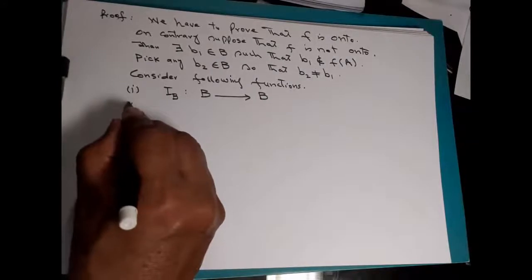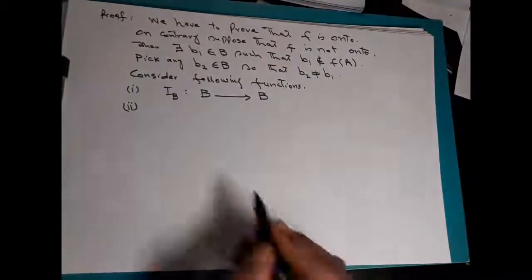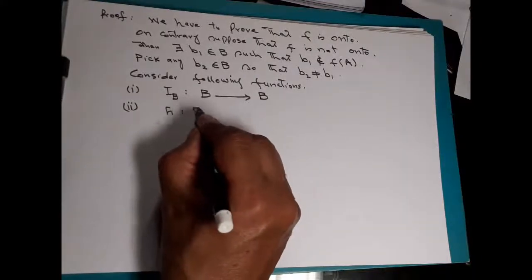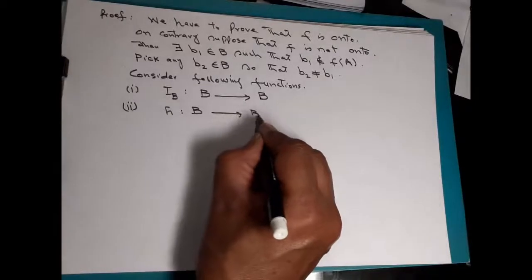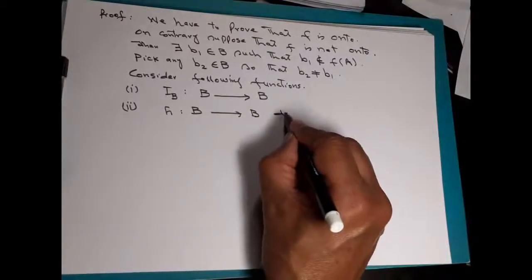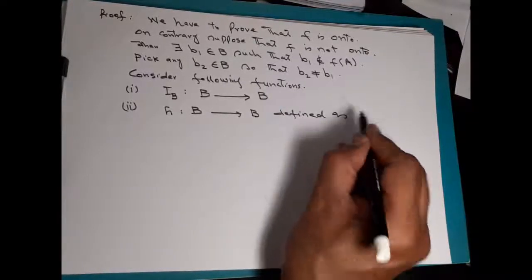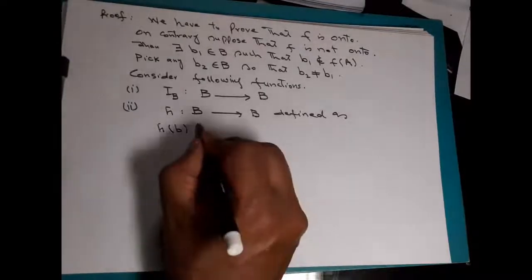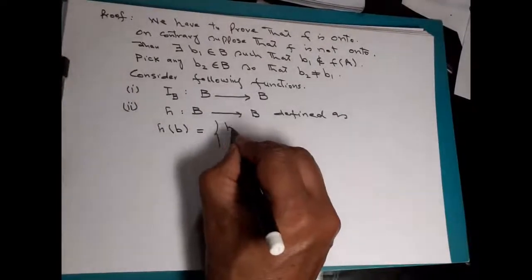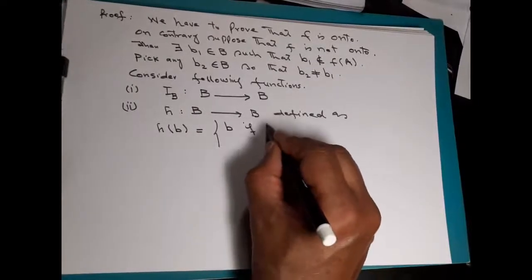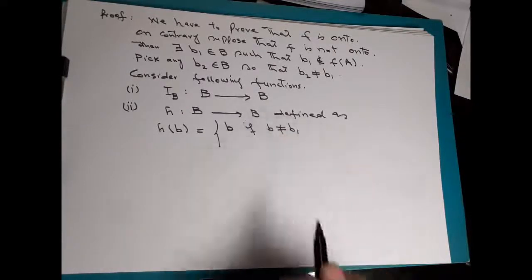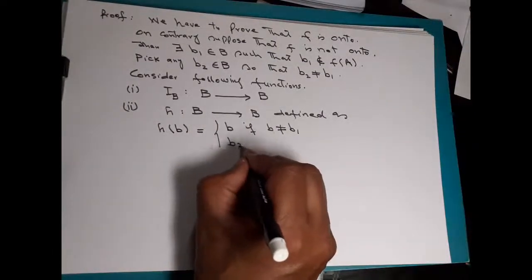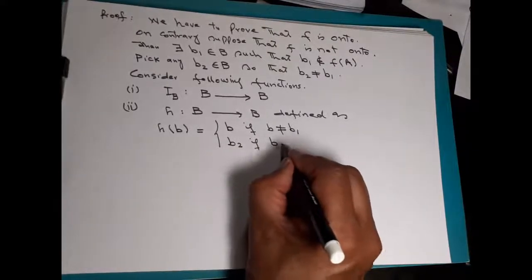And secondly, we devise a function h, again with domain B and codomain B, defined as: the effect of h on any element b of set B is equal to the same element b itself, provided b is not equal to b1, and the effect of h on b is equal to b2 if b is equal to b1.